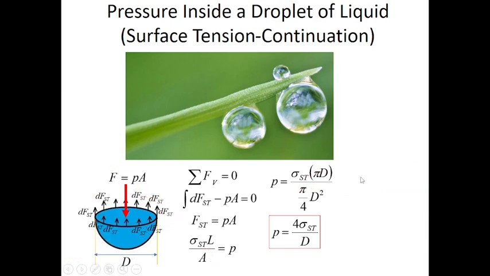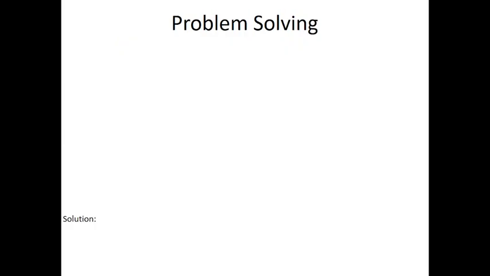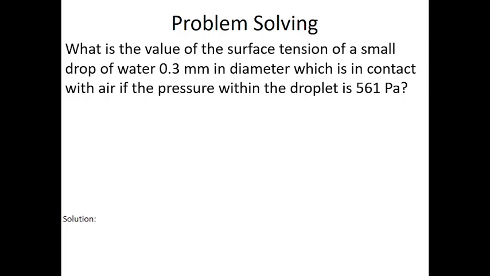Now, we proceed with the problem. What is the value of the surface tension of a small drop of water, 0.3 millimeter in diameter, which is in contact with air if the pressure within the droplet is 561 Pascal? Required is the surface tension of a small drop of water.